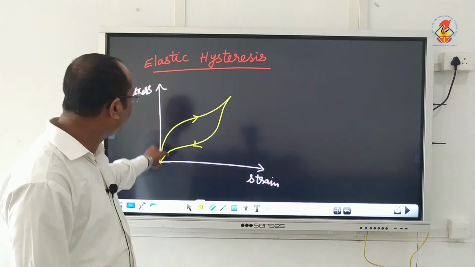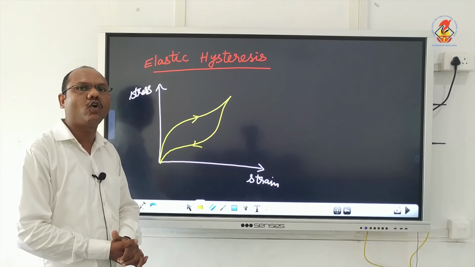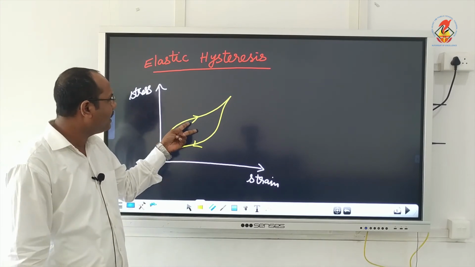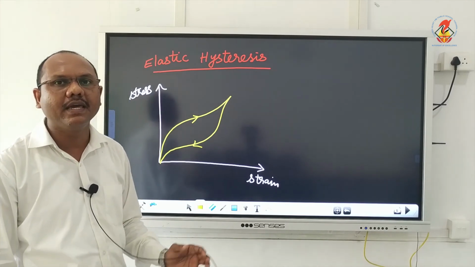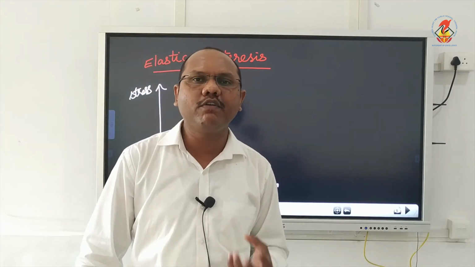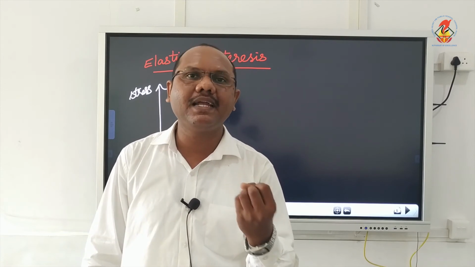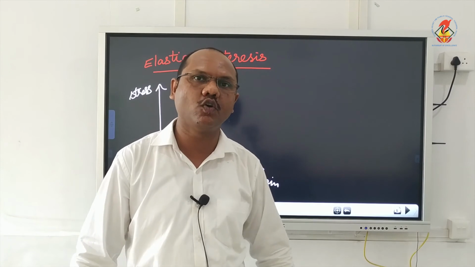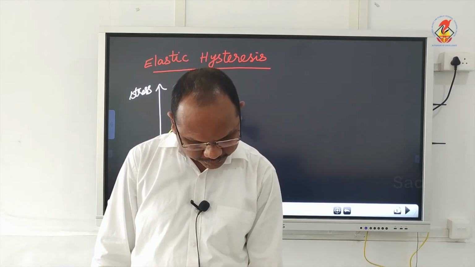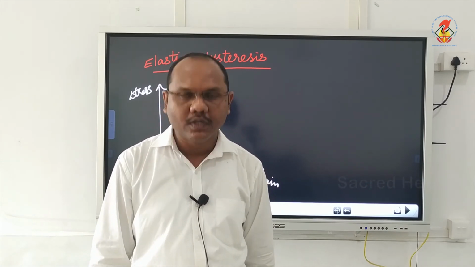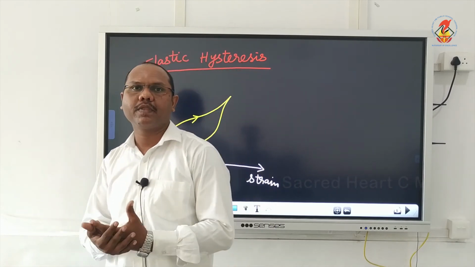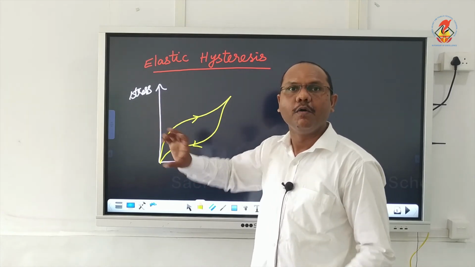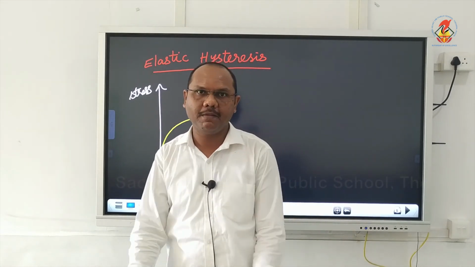This loop that I framed here is called the hysteresis loop, and the area under the hysteresis loop will give the amount of energy dissipated as heat when one stress strain cycle is over. So if the material has a larger hysteresis loop area, more heat will be developed by that material.